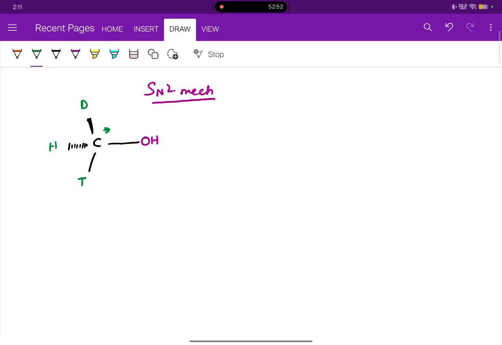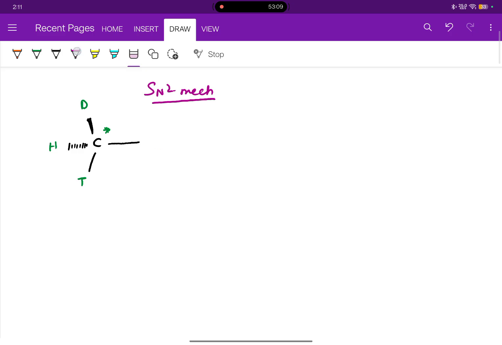Isotopes of hydrogen, because I cannot use bulky groups. I am using isotopes of hydrogen, which make the carbon asymmetric. They differ by mass, so they are all different groups. So now what will happen?